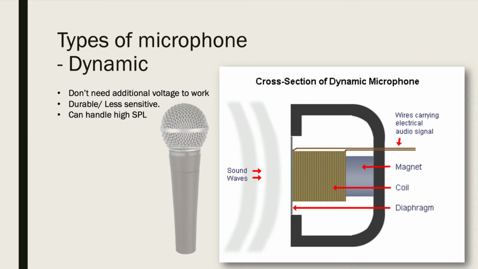They can take quite a bit before they start panicking. And it's also less sensitive in terms of audio. So a downside of a dynamic microphone is that it needs something pretty loud before it can get going.